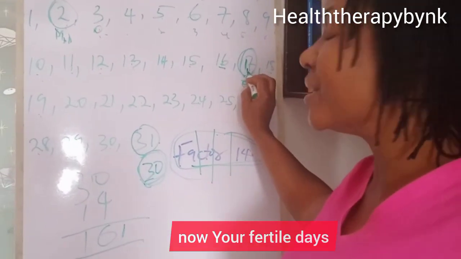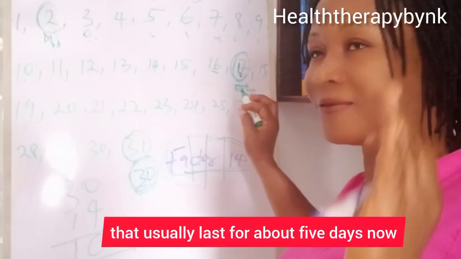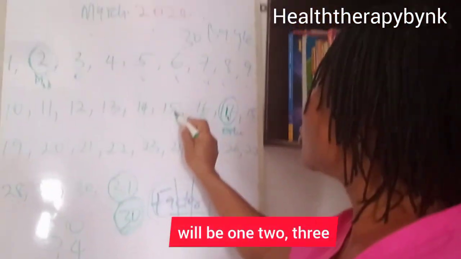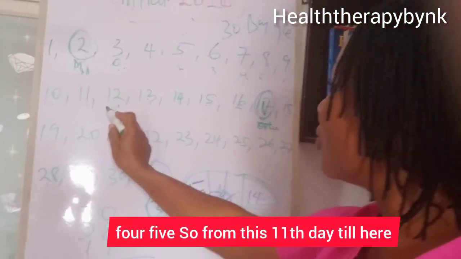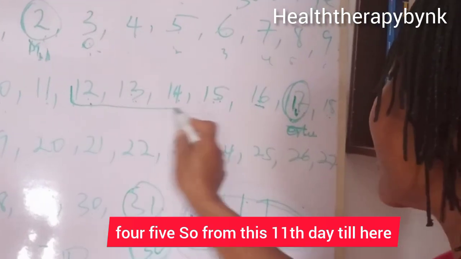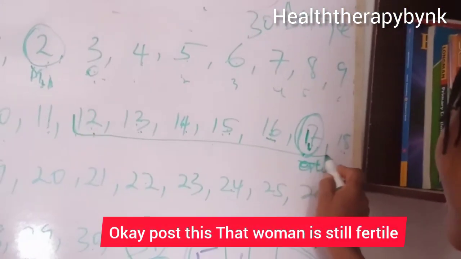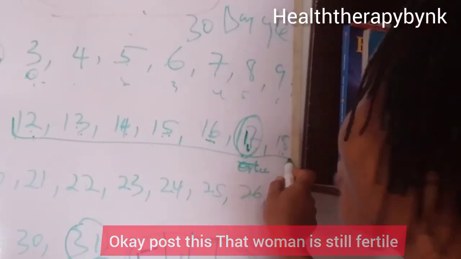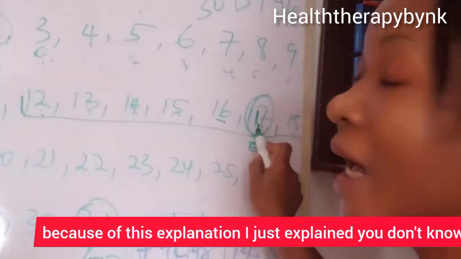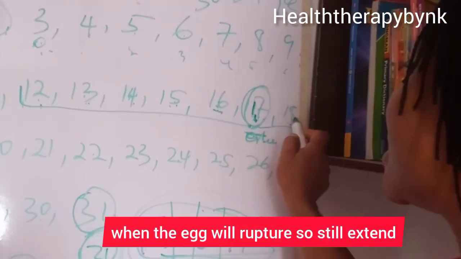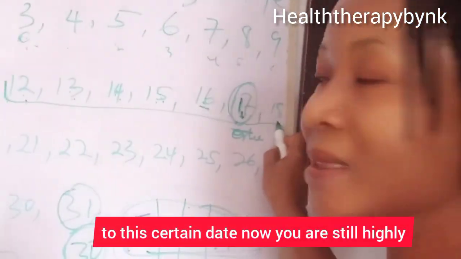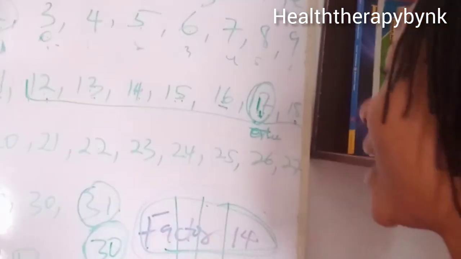Your fertile days, that usually last for about 5 days, will be 1, 2, 3, 4, 5. So from this 11th day till here, that woman is fertile. Post this, that woman is still fertile, because you don't know when the egg will rupture, so it extends to this certain date. You are still highly fertile.